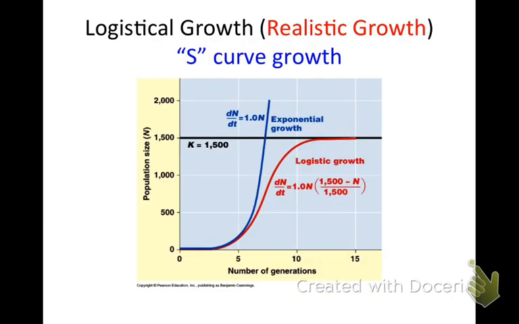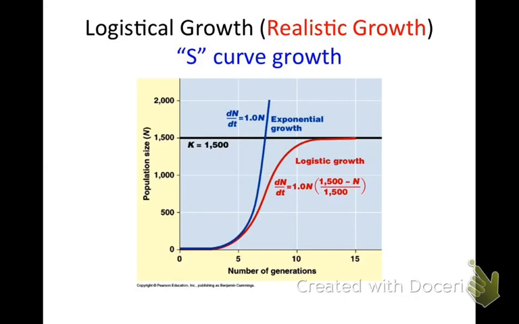And then the more realistic growth is logistical growth. Please highlight that these are K-selected species. These are things like us, everything other than bacteria. So why do we have that K in there? It has nothing to do with logistical growth. Please highlight that K, it's like a variable. It represents something. It represents carrying capacity.